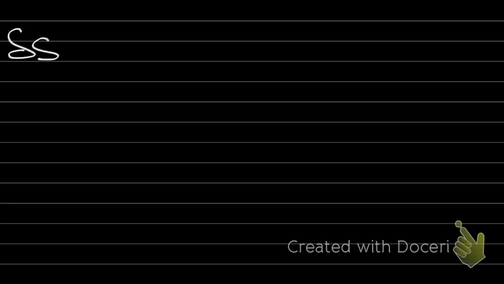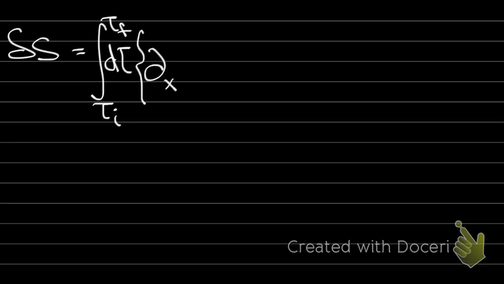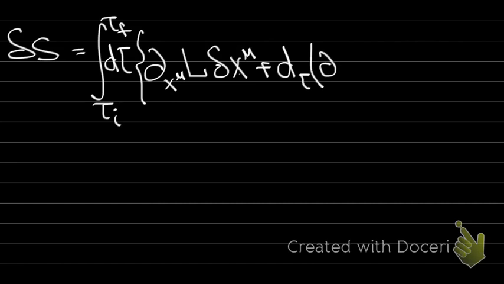We would have delta s is equal to the integral from initial proper time to final proper time, d tau is the proper time, of my partial x mu of my Lagrangian times delta x mu plus d tau of my partial x dot mu of my Lagrangian multiplied by delta x mu.